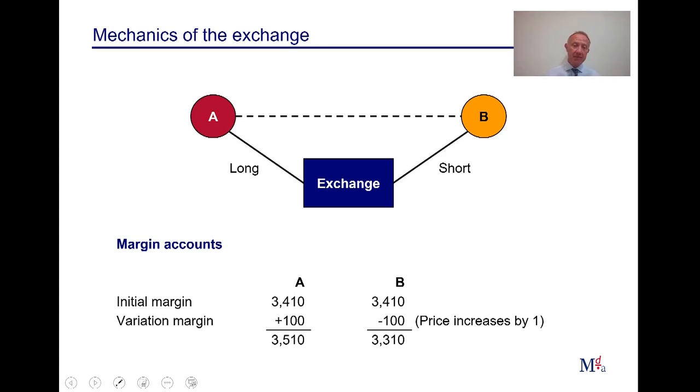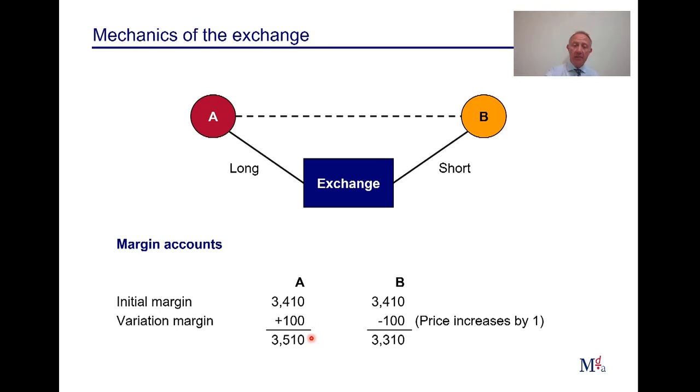But assuming it has been filled, then we need to ensure that we've got money in our margin account, and we start with $3,410, and so does B. If the price of gold then rises by $1, we will receive the value of a point, which for this contract is $100. And the value on our margin account is now $3,510.